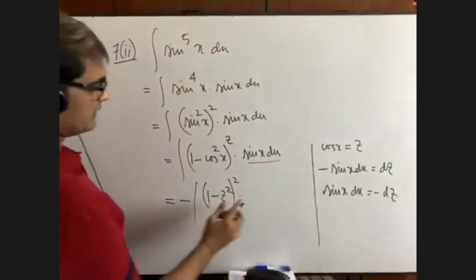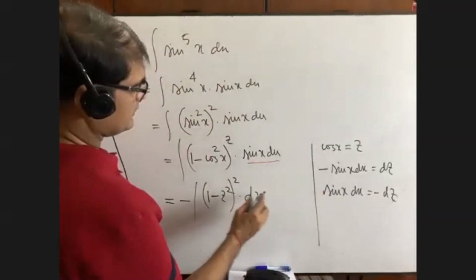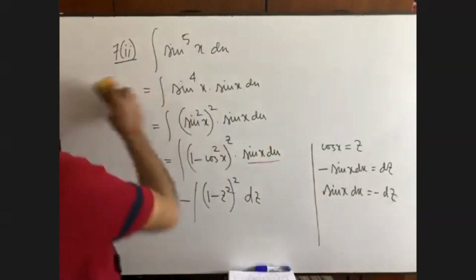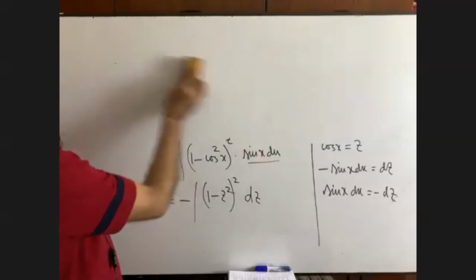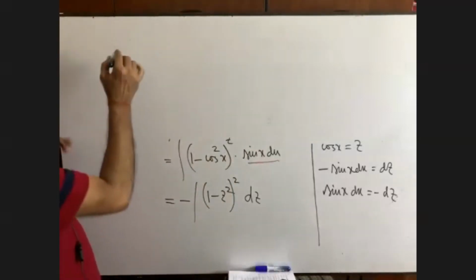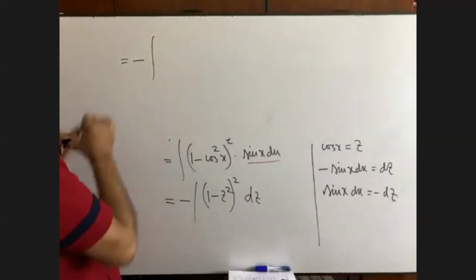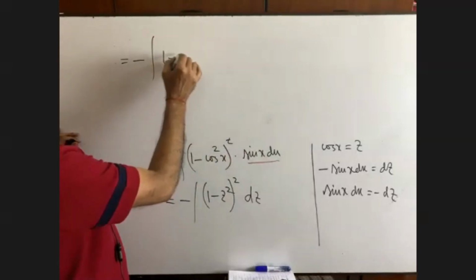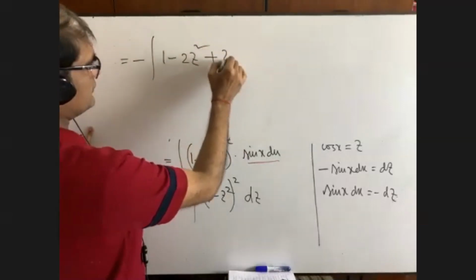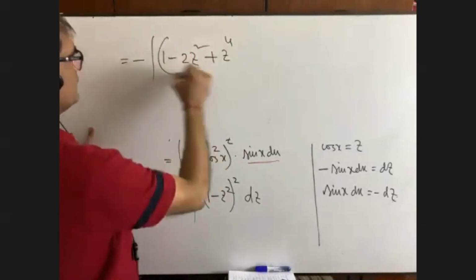Minus has been written here, dz. But even in this way, we cannot find the value directly. What is to be done? Minus, expand 1 minus 2z square plus z to the power 4 dz.